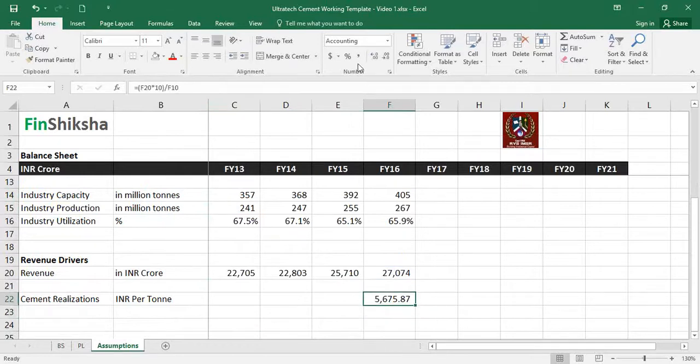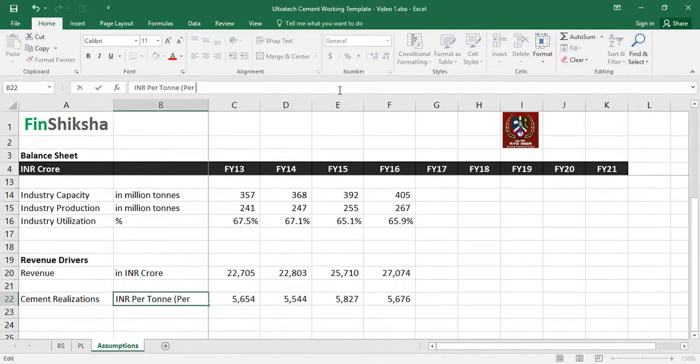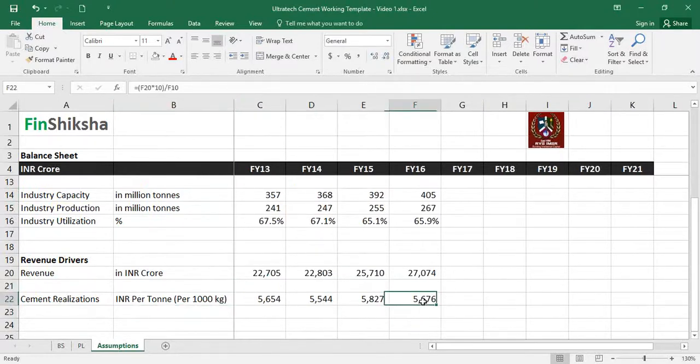So the per ton pricing, which is per 1000 kg, that we find is equal to 5,676 rupees or something, right?